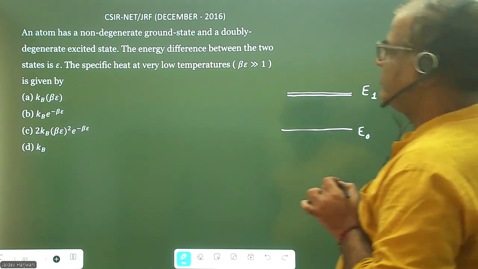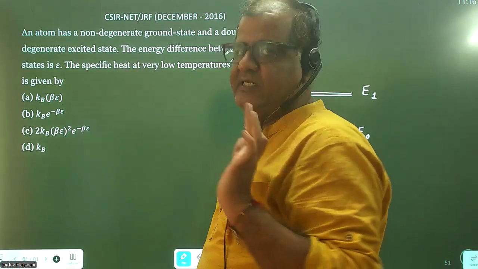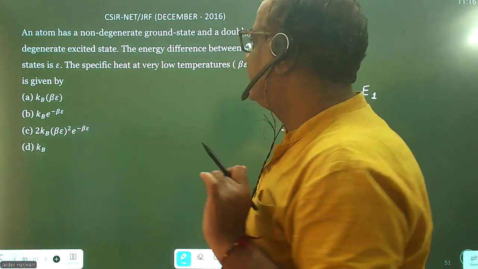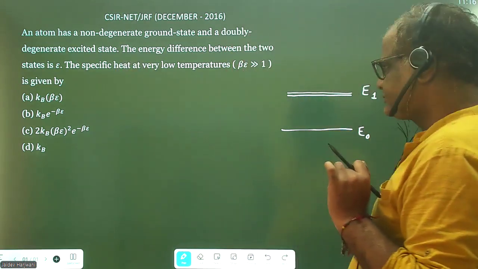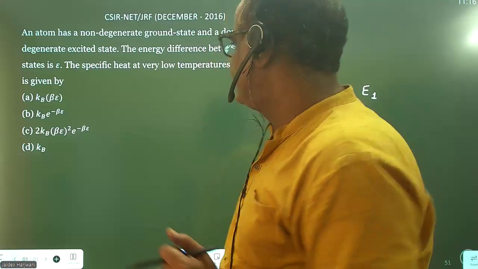Now we want to find the specific heat of the system of this atom. But here it is a single atom, so we are going to find the specific heat for a single atom. First of all, we need to write the partition function.